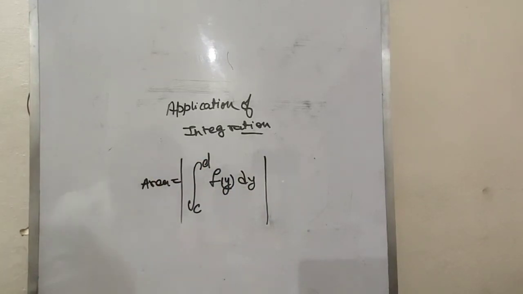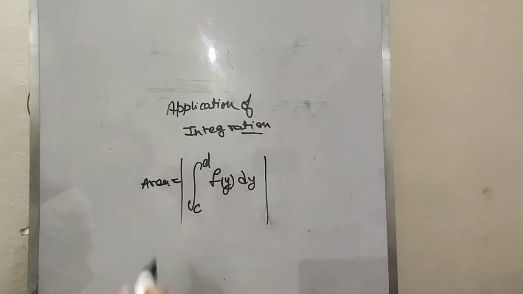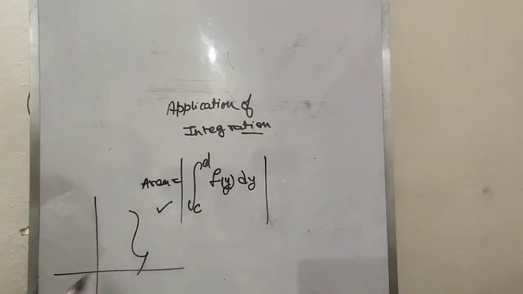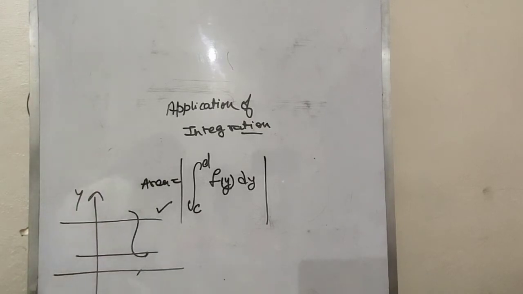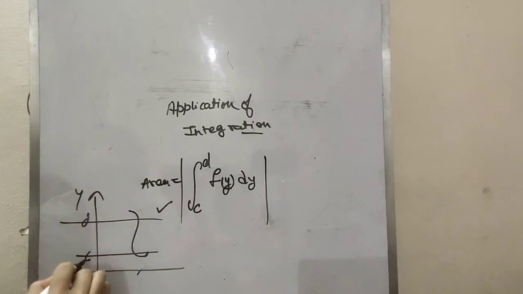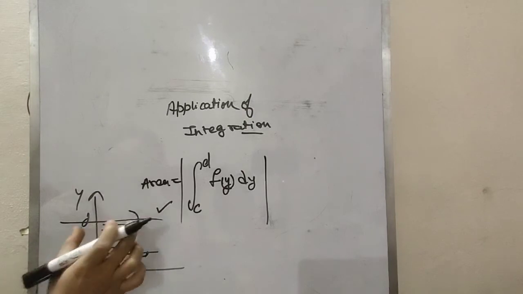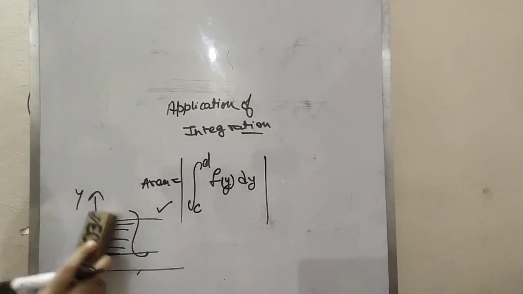So my values are like this, and then taking the curve, the formula will be this, whether you are working with the diagram on the positive side. For example, if this is my diagram and these are my limits, my curve is falling on the y-axis, so I will use the formula where this is my c limit and this is my d limit and this is my curve, and I'm finding the shaded region below this curve. Okay, so it can be on the positive side and it can also be on the negative side.